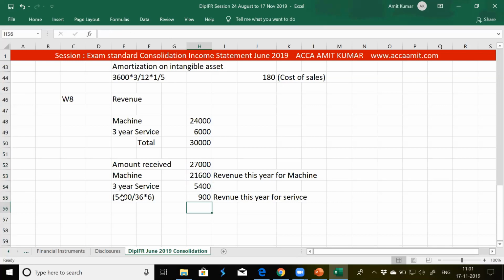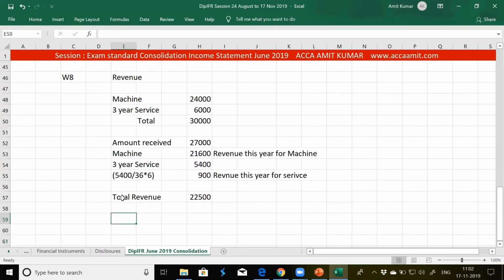How much have we actually recognized? We have recognized 27,000. So total revenue we can recognize this year is 21,600 plus 900. How much did we actually recognize? 27,000. What about the difference?